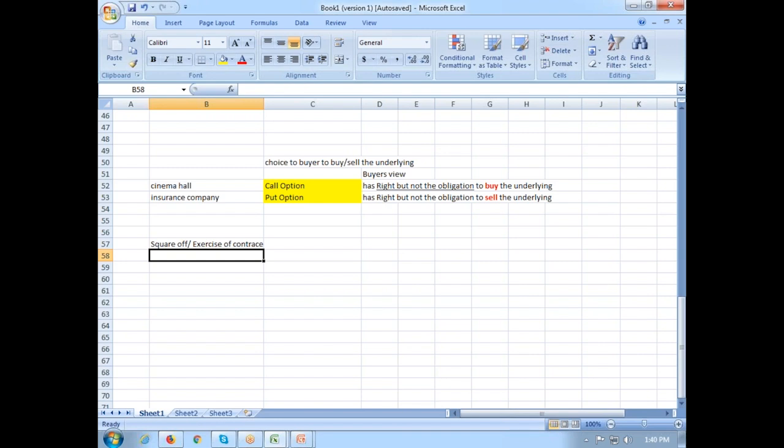What does an insurance company do? It insures for the protection you are seeking. So I go to an insurance company first, seeking life insurance. I ask, just tell me my premium for 1 crore rupees, let's say.